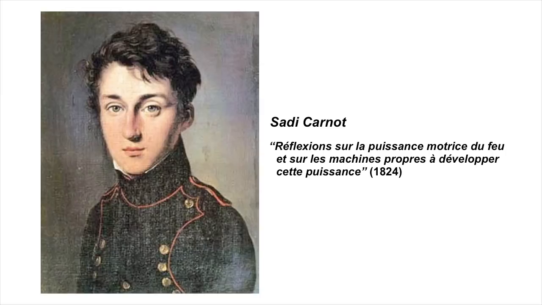In order to bound the maximum possible work one can obtain from a heat source, he theorized about heat engines based on cyclic expansion and contraction of an ideal gas. This work was published in 1824 under the title that translates roughly in English as Reflections on the Motive Power of Fire and on Machines for Extracting that Power.